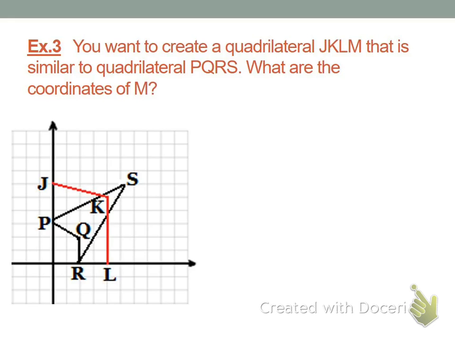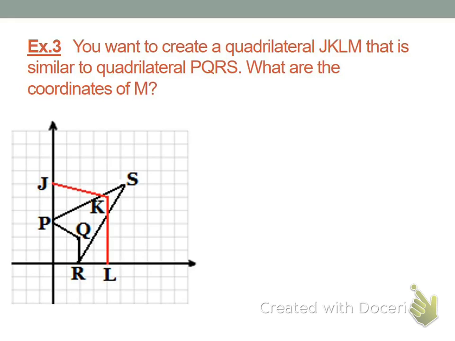Bless you. I keep hearing people say sides from the same figure. I need sides from different figures. So we need to start this problem off by finding the scale factor of our new figure to our old figure.